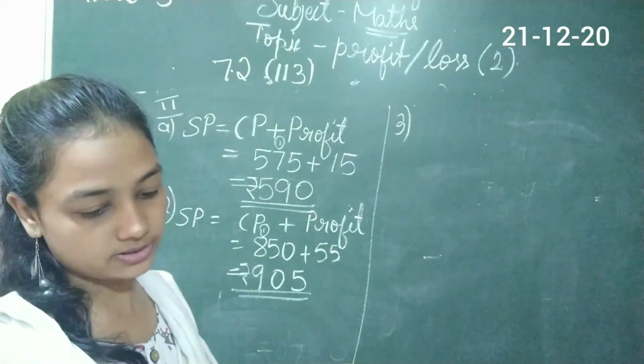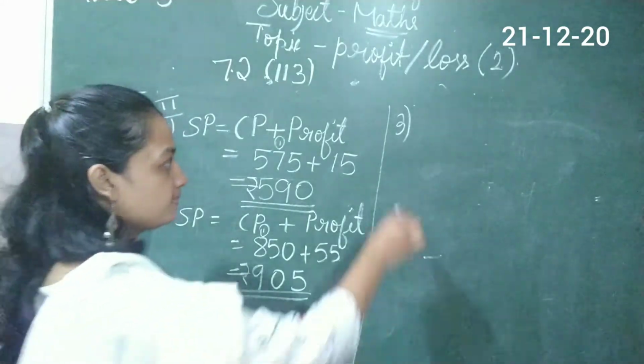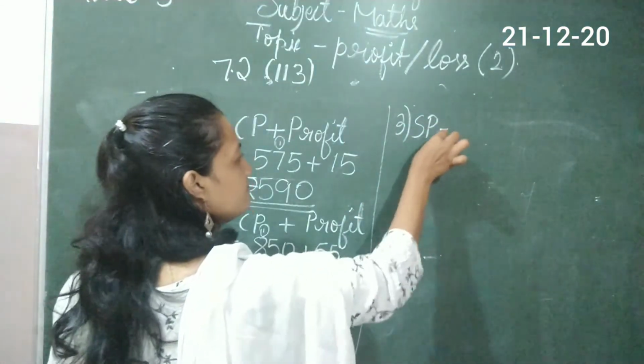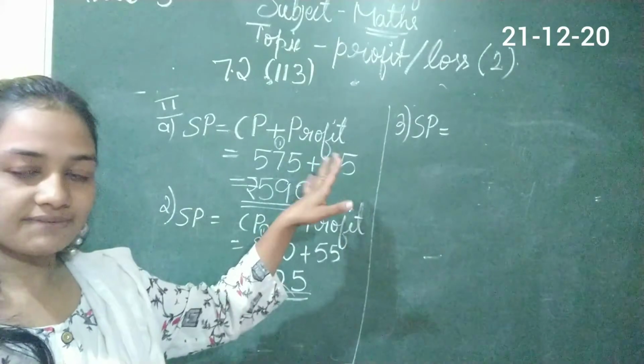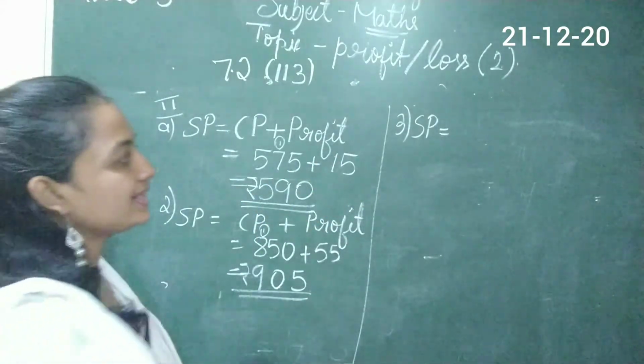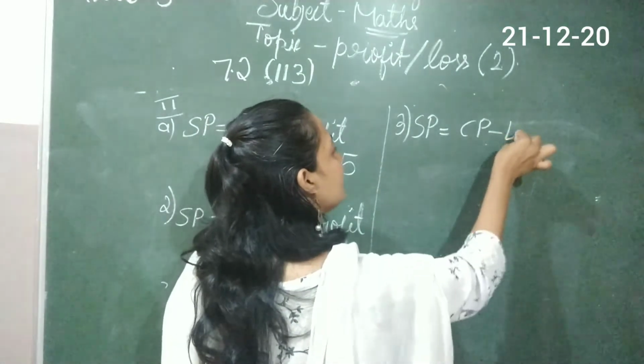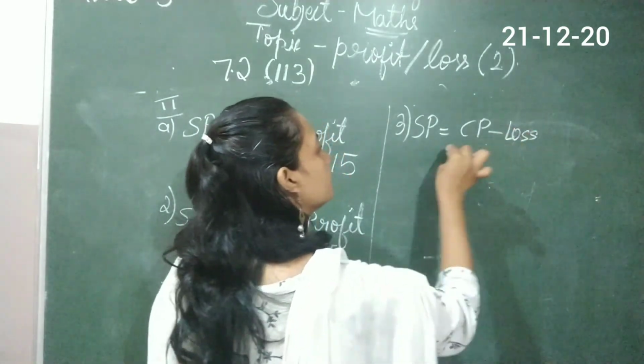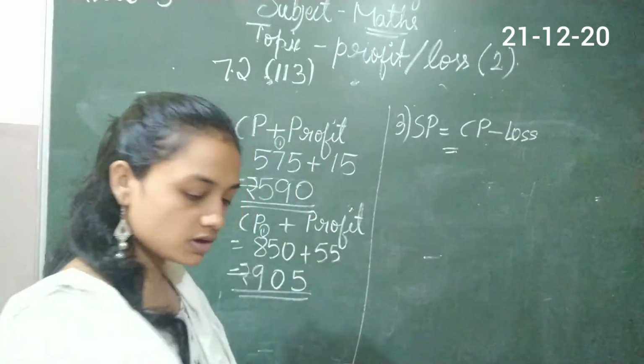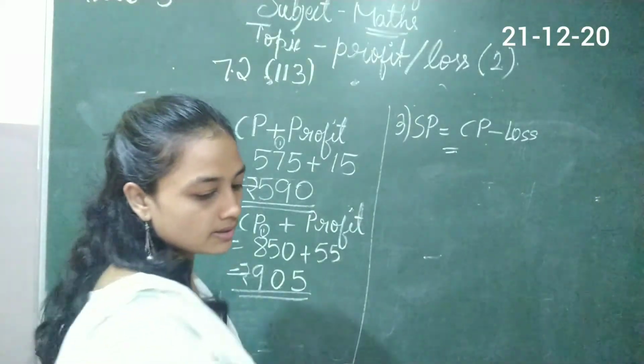CP and loss. You have to again find SP. This time, they have not given profit, they have given loss. So selling price will be cost price minus loss. So what is the cost price given?